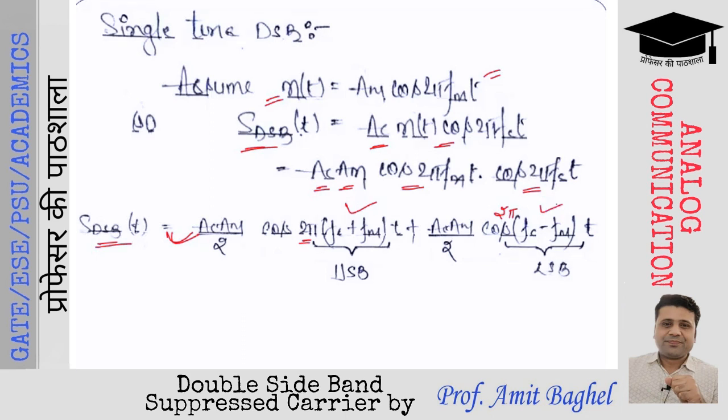I need to write 2π here. So this is cos of A plus B plus cos of A minus B.